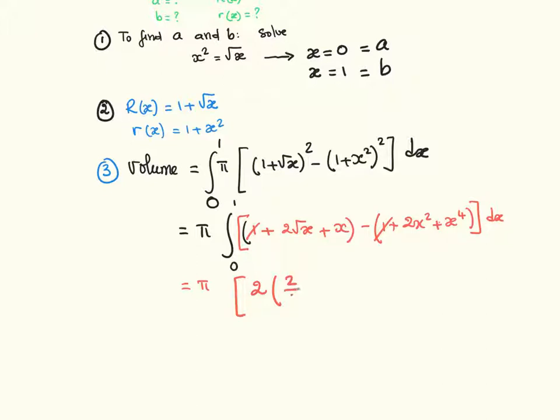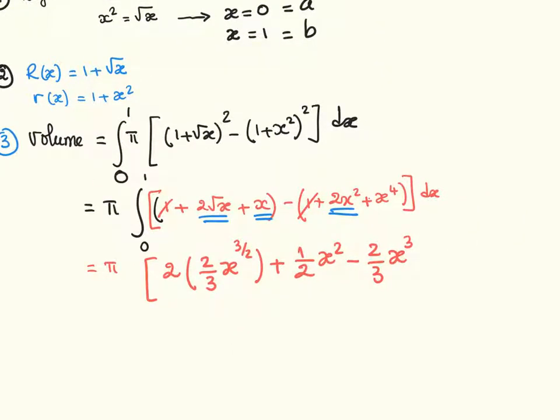We will get 2 over 3 x to the power of 3 over 2, like this, plus the integral of x, which will be half of x squared, and then minus 2x squared, we integrate that, so it will be minus 2 over 3 x to the power of 3, and finally the minus x to the power of 4, integrate that, we get minus x to the power of 5 over 5, from 0 to 1.